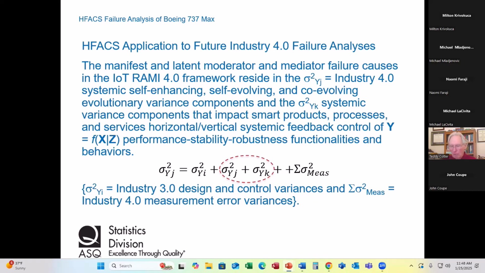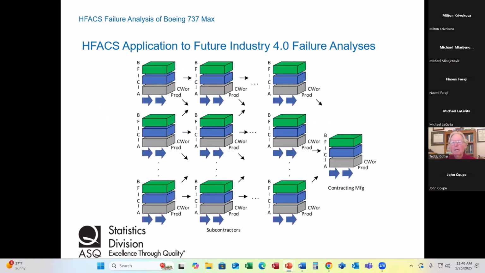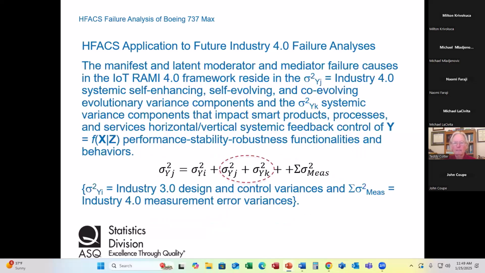So the feedback, the analysis that we have to do across the massively horizontally vertically integrated systems, must be both horizontal and vertical, and it must allow the mapping of latent defects to our physical manifest defects at the customer side back to their latent causes within the RAMI 4.0 hierarchical framework.